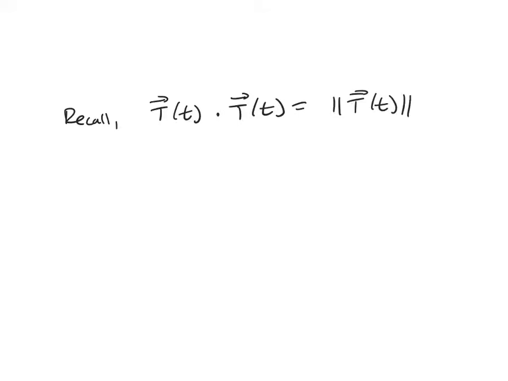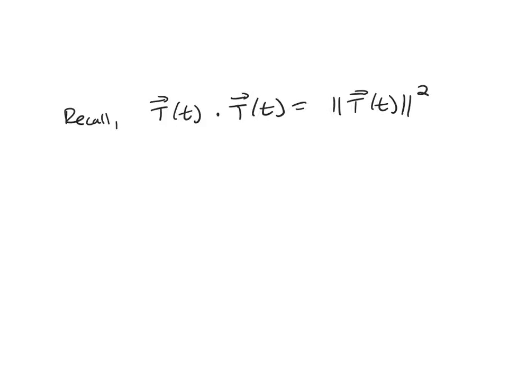So now we're going to define a new vector, but before we do that, let's recall some facts. The first fact we're going to recall is that when I take the dot product of a vector with itself, you get back the magnitude of that vector squared.